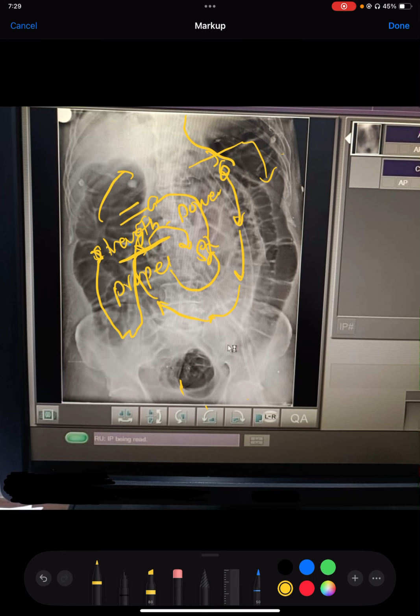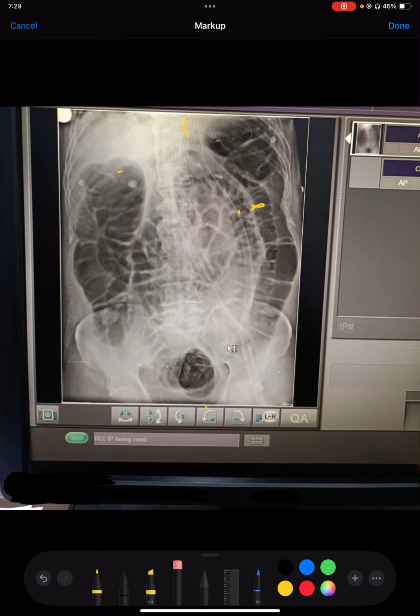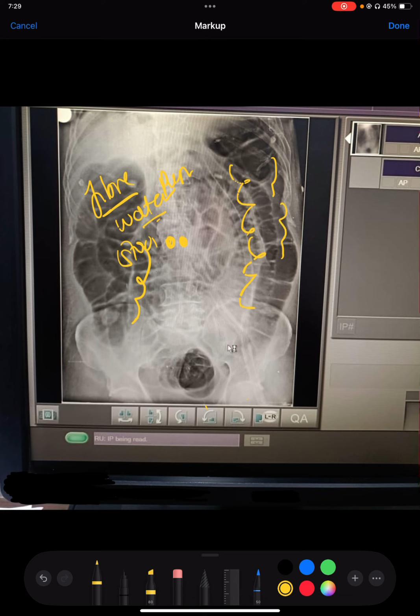So there should be enough power of these gut muscles to push this stool in a forward direction. If you have enough fibers, enough water, enough stool volume, it becomes very easy for these muscles to push the food forward. But if the stool quantity is very low, they will not effectively push the stool forward.